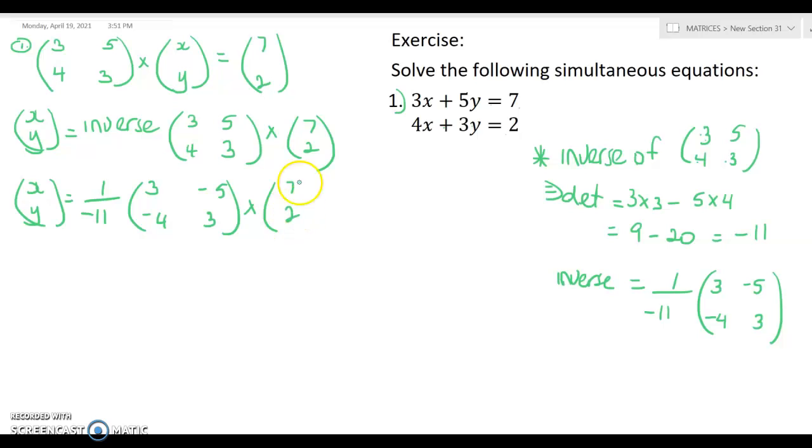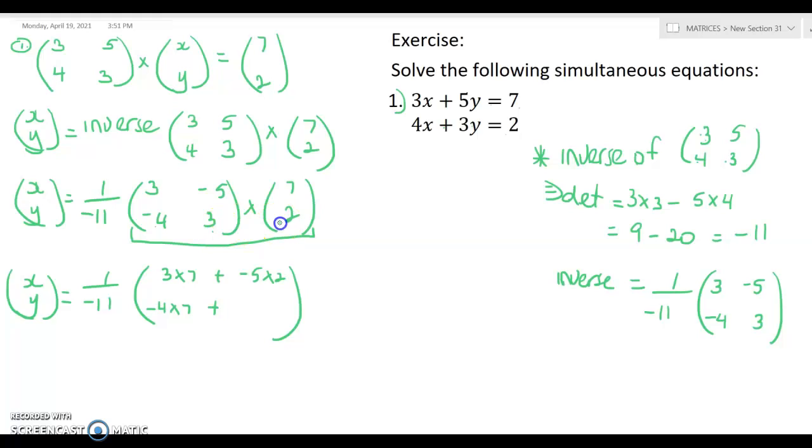Now multiply these 2 matrices. Leave your 1 over minus 11 on the outside. Row by column, so 3 by 7, and the bottom minus 4 times 7 plus 3 by 2. Now we're just going to simplify. 1 over minus 11, let's simplify the numbers inside, so that's 21 plus minus 10, then we have minus 28 plus 6.